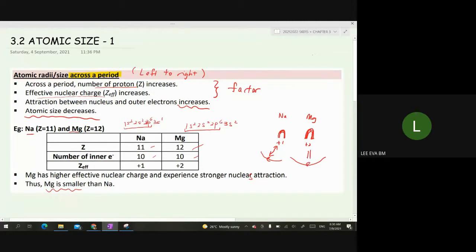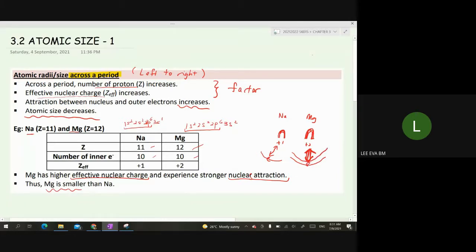Stronger. So dekat sini, madam pakai dua arrow. Maksudnya dia punya attraction, kalau magnet bertambah kuat, attraction dia akan jadi makin kuat. So dekat sini samalah. Higher effective nuclear charge macam awak punya magnet. So nucleus attraction dia akan jadi makin kuat. So when the attraction is strong, this energy level will kind of be pulled inside.